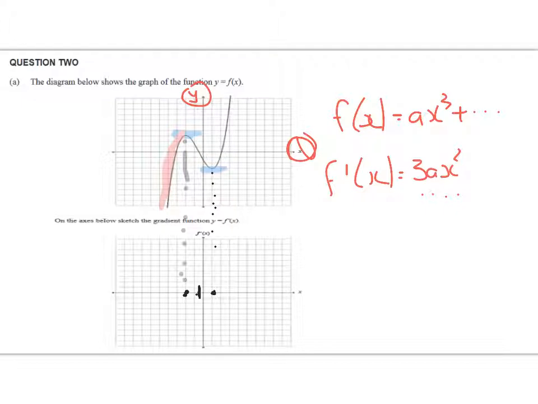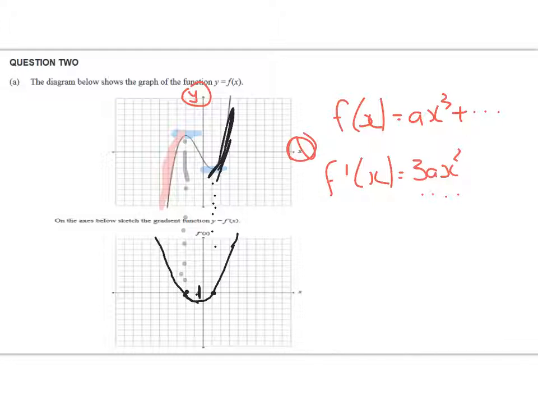Okay, so down here we've got a positive slope that hits 0 here, and up here we've also got a positive slope. Okay, so we've got a parabola that looks like this. So there we are, that's that one done. Hopefully your parabola will look a little bit prettier than mine.